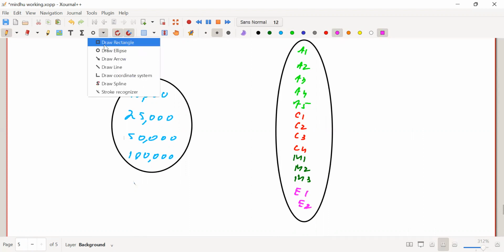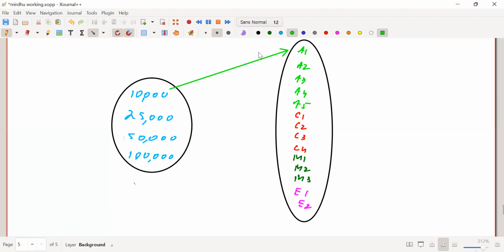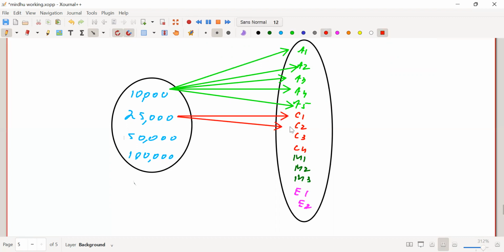So 10,000: we have 1, 2, 3, 4, 5. Then 25,000, red: 1, 2, 3, 4.